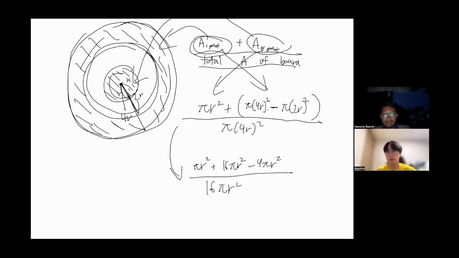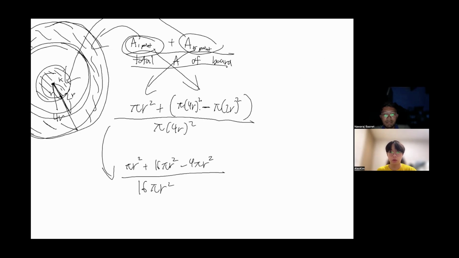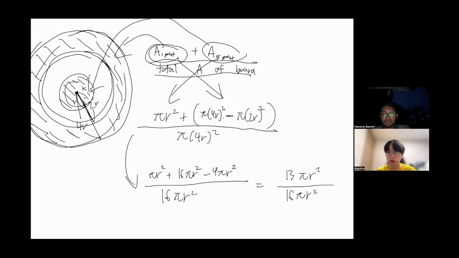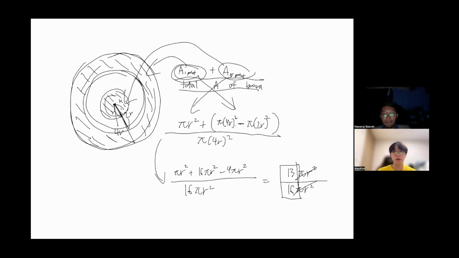Then we simplify that to be 13 pi r squared over 16 pi r squared. We know pi r squared is on both top and bottom, so we can divide those, leaving only 13 over 16, which is the probability that one will score 1 point or 5 points.